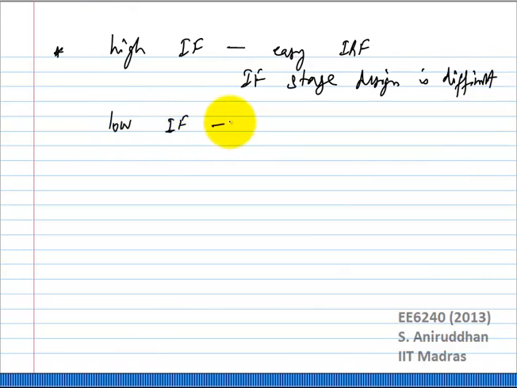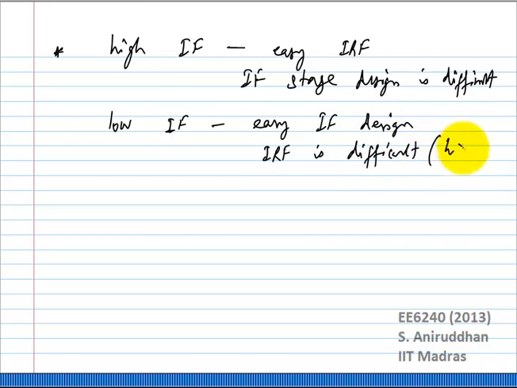If you choose low IF, obviously it's exactly the other way around. You have easy IF design, but your IRF becomes very difficult. You need higher Qs.